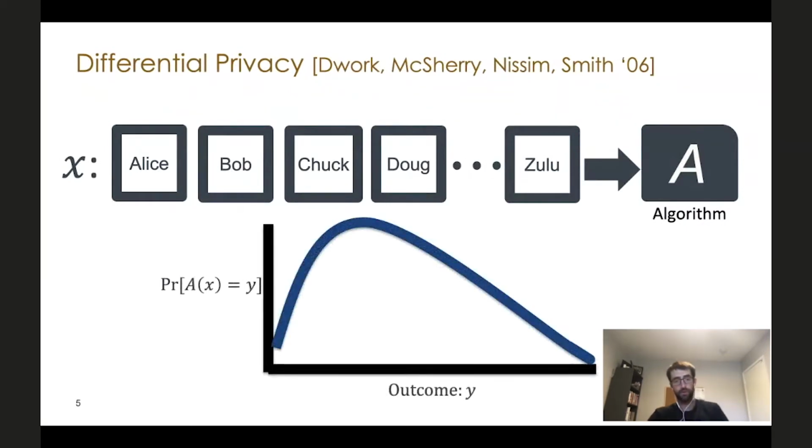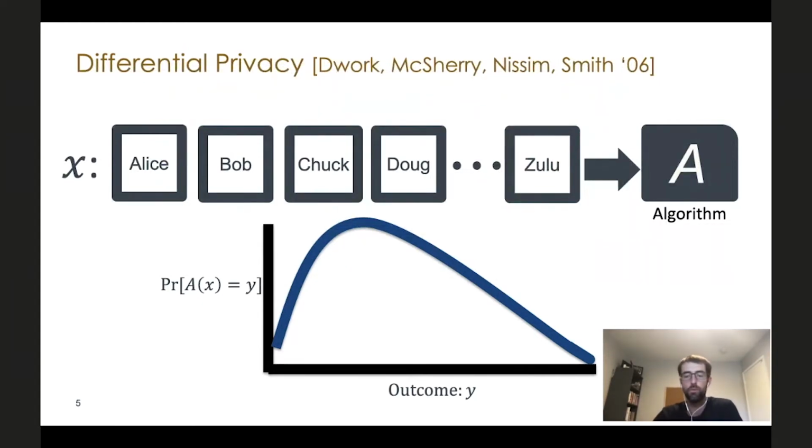And so what differential privacy does is that it introduces some random noise into the computation. And the reason for this is to hide what the possible outcome could be given this particular input data set. And so the result is going to be some output distribution where some outcomes are more likely than others.